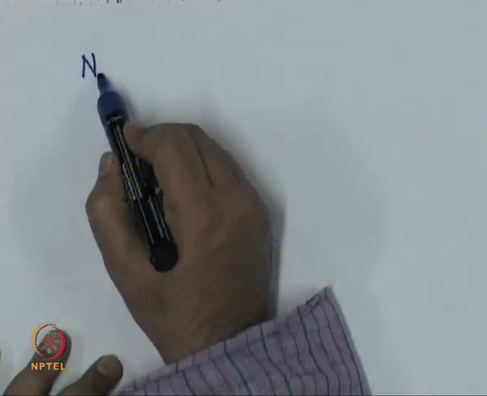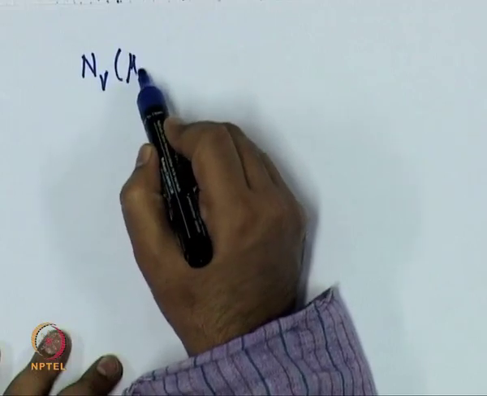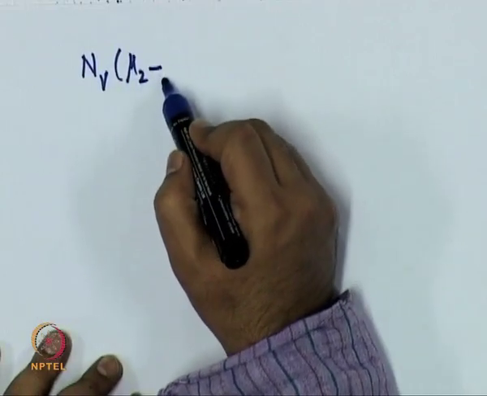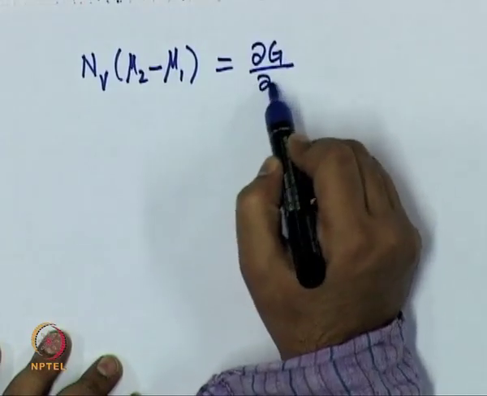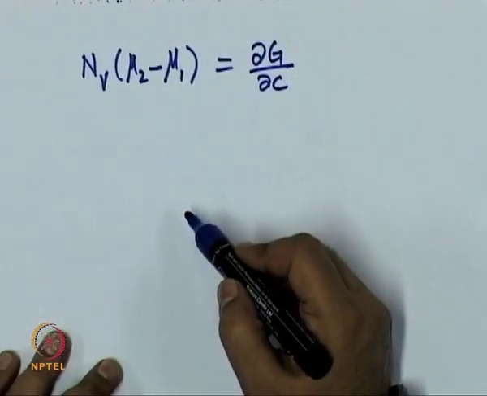So, we have obtained an expression for J in terms of mobility and the gradient of what is known as the diffusion potential. So, what is the diffusion potential? Because N V times (μ2 minus μ1) is nothing but ∂G/∂C.